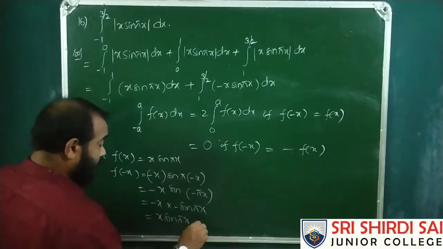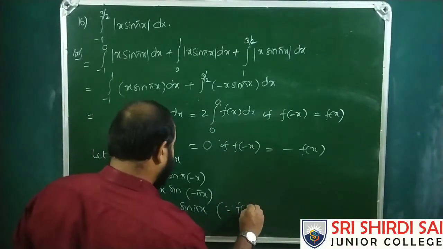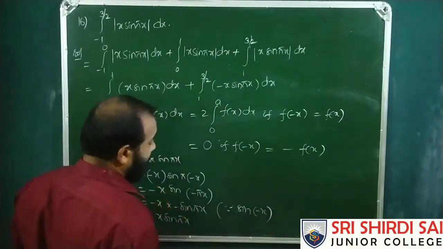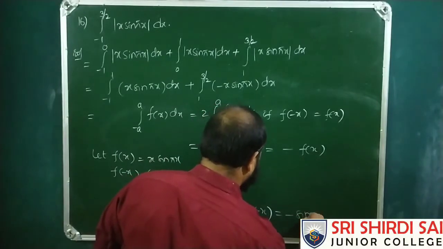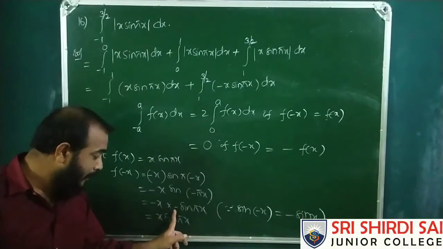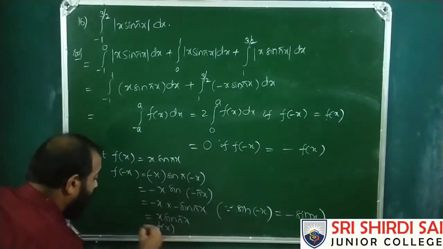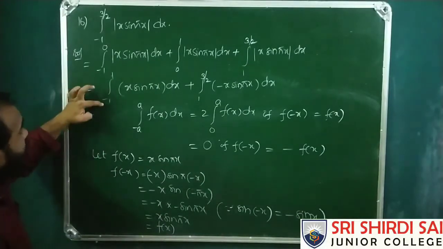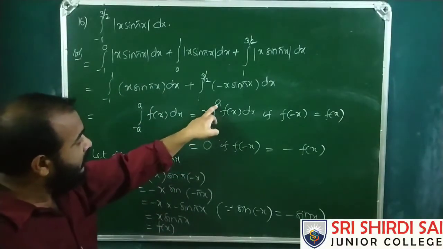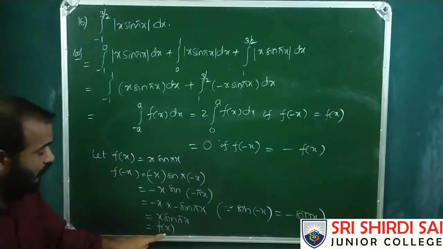Because here, how did I write? Since sine of minus x is equal to minus sine x, that is why sine of minus pi x is minus sine pi x. Minus into minus is plus. So f of x is what I got. Therefore, this minus 1 to 1 x sine pi x dx can be replaced as 2 integral 0 to 1, because we get f of minus x equal to f of x.